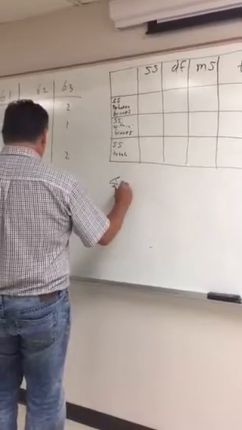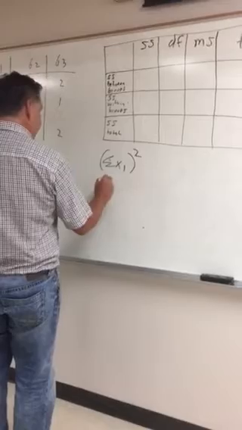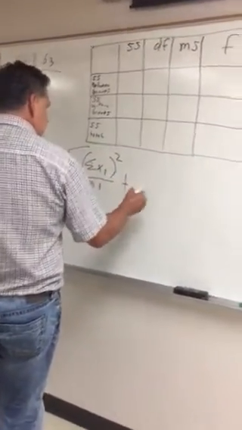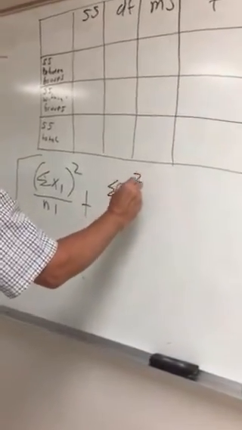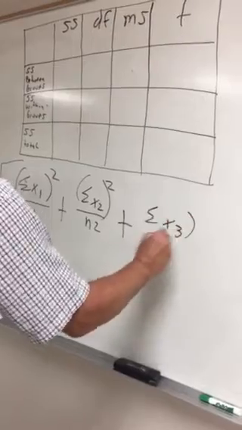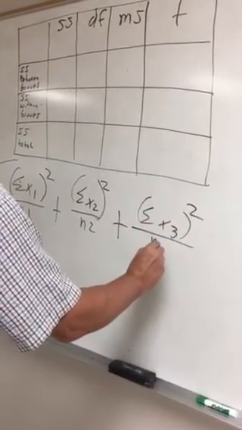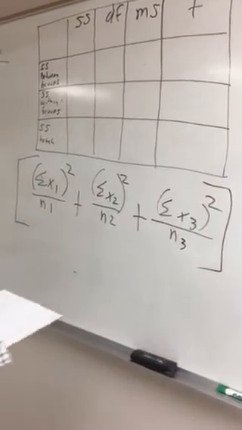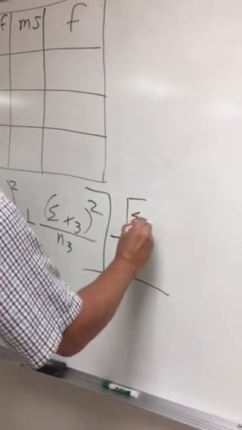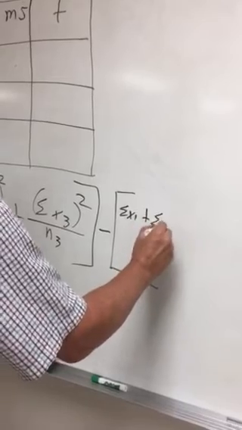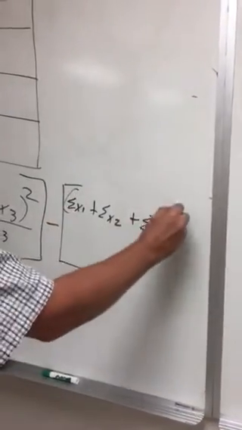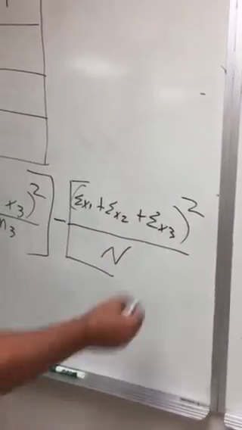I'm going to look at the sum of x1 squared, and I'm going to divide that by n of 1, and I'll put some brackets around this, and then I will add the sum of x2 squared over n of 2 and the sum of x3 squared over n of 3, and then I'll put that in more brackets, and then I will have this lovely thing here: the sum of x1 plus the sum of x2 plus the sum of x3, quantity squared, over the total number of observations, which is 9.